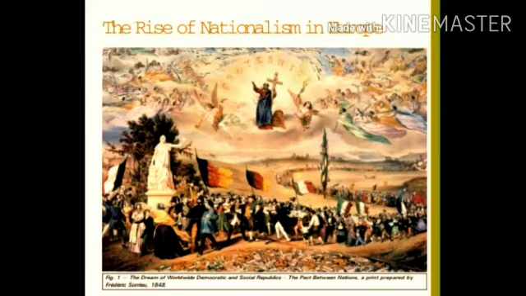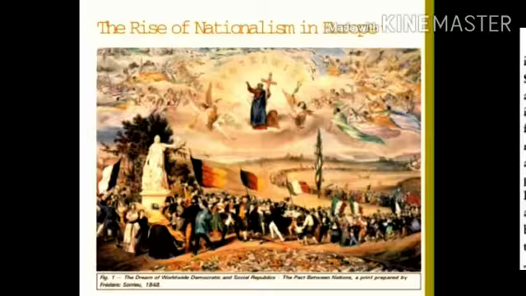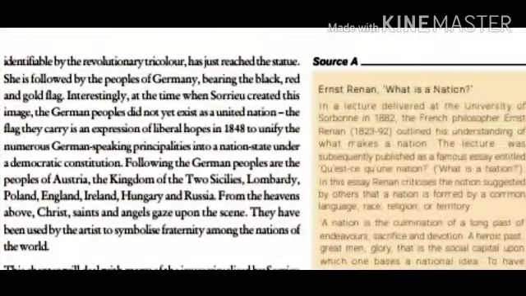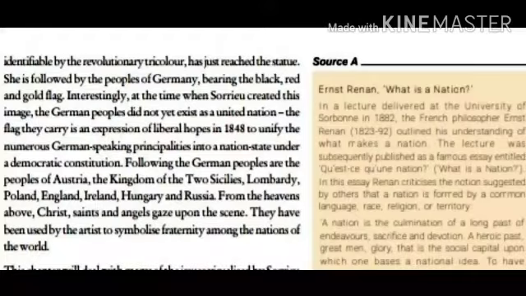The print that Sorrieu prepared shows that the procession, the way it passes the statue, is led by the United States and Switzerland, which at that time were already nation states.